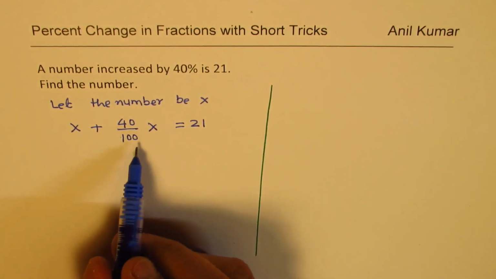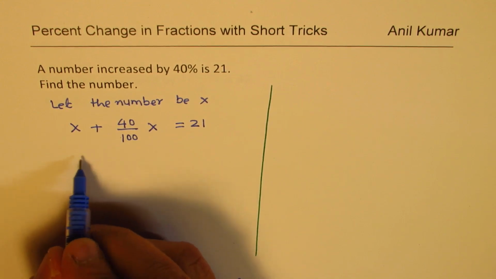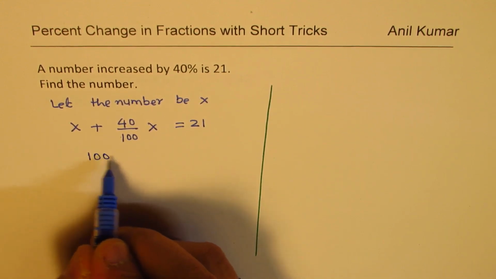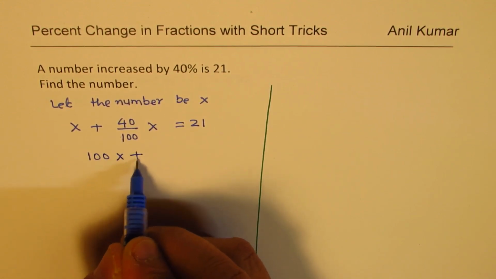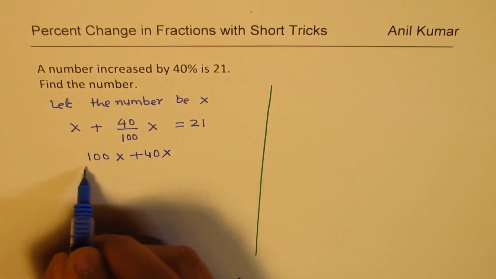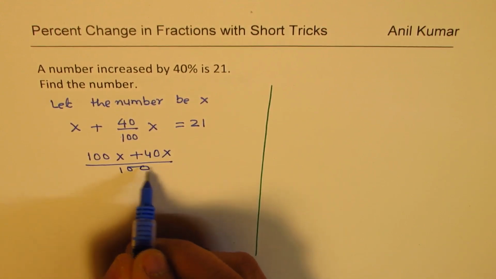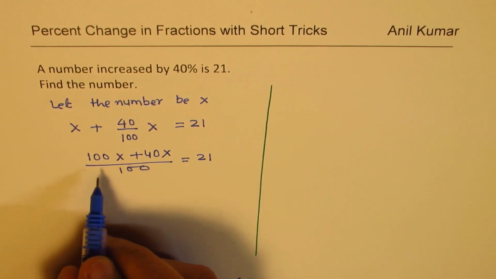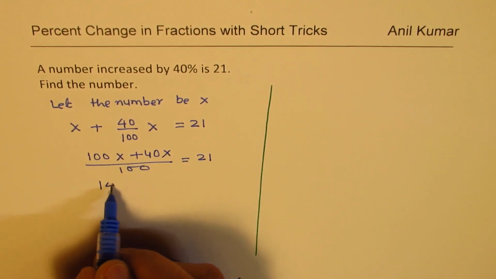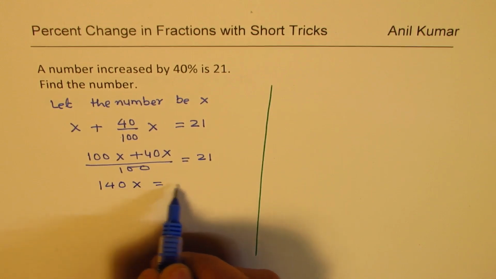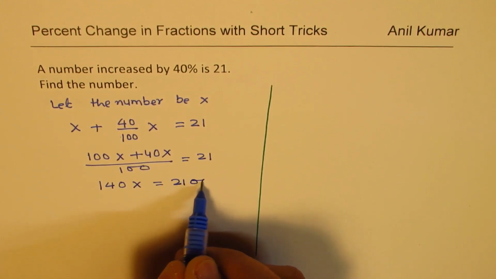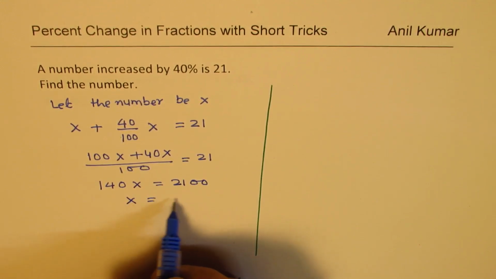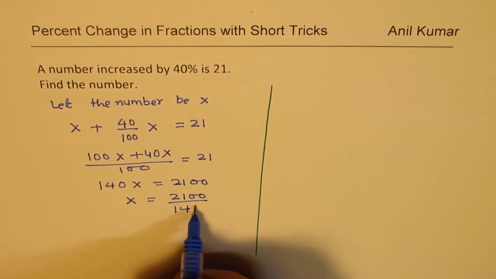Now, you could write this, taking common denominator, as 100x plus 40x over 100 is equal to 21. You could cross multiply and we get here 140x equals 2100, or x is equal to 2100 divided by 140.